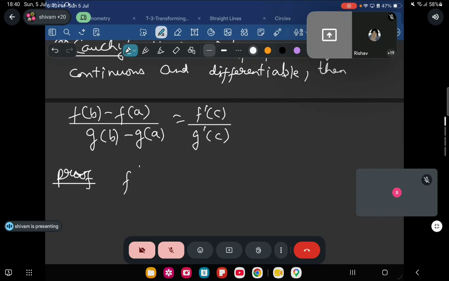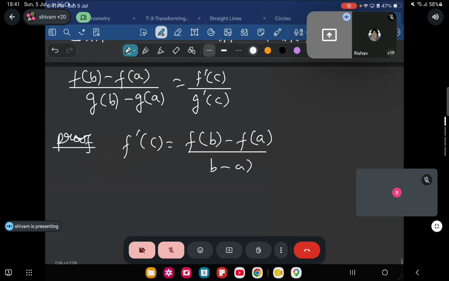Do people remember what f'(c) is? f'(c) is equal to f(b) minus f(a) upon b minus a. And what is g'(c)? g'(c) is equal to g(b) minus g(a) upon b minus a.